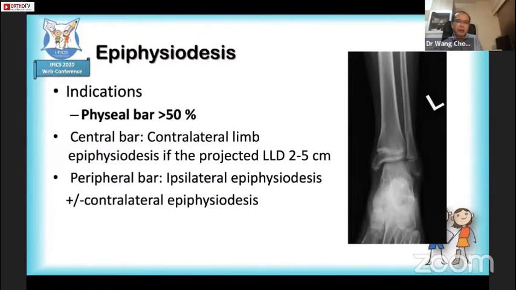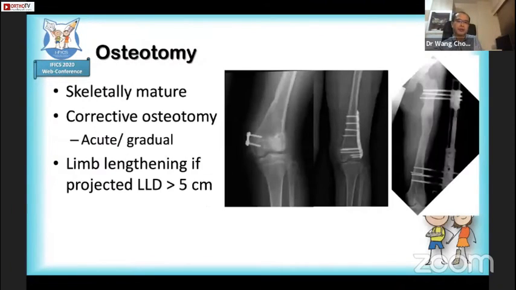In a patient with a peripheral bar, ipsilateral epiphysiodesis will help to reduce the severity or the progression of the deformity. And contralateral limb epiphysiodesis will reduce the limb length discrepancy at skeletal maturity.